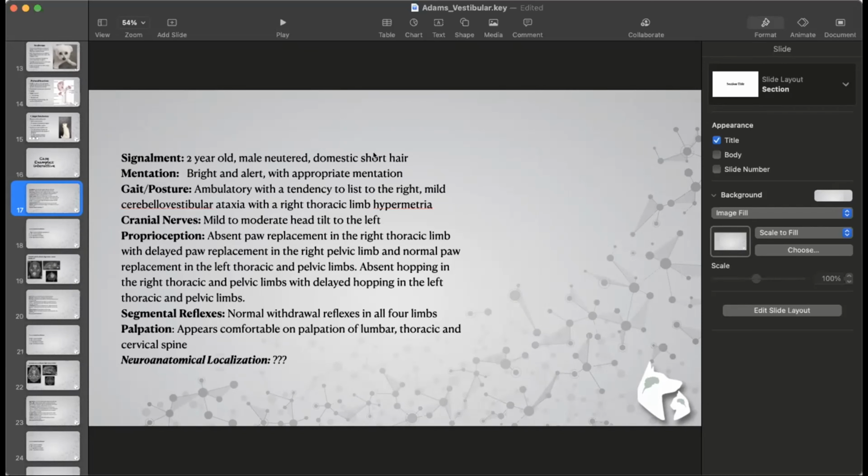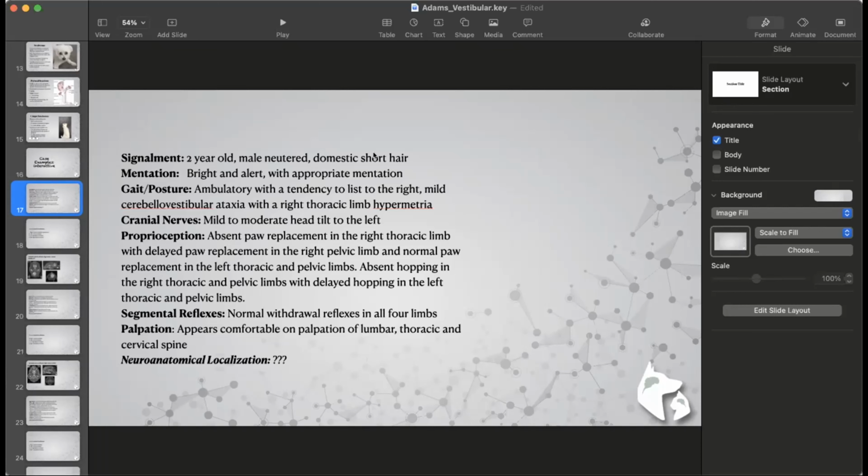Absent paw replacement in the right thoracic limb with delayed paw replacement in the right pelvic limb, and normal paw replacement in the left thoracic and pelvic limbs. There's absent hopping in the right thoracic and pelvic limbs with delayed hopping in the left thoracic and pelvic limbs. It's got normal reflexes and appears comfortable.